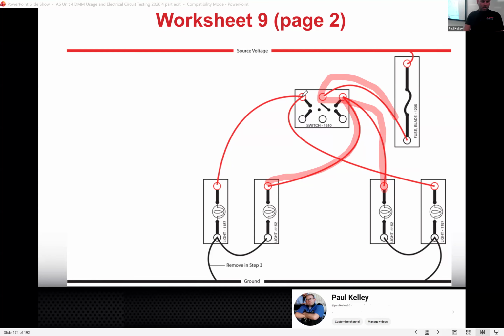If there's no connection to this, that should be 0 and 0 because there's no connection there. Cool? So what if I connect both? Well, then it would go 12 and 12. But what if I connect 0? That would be just 12 to right here, and then all the rest of this should be ground, right?